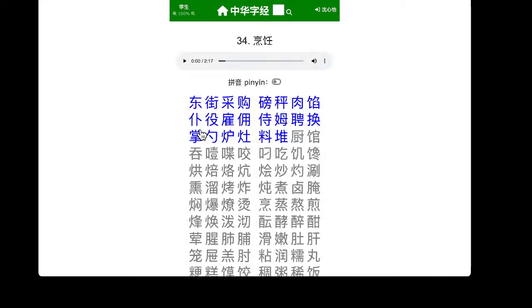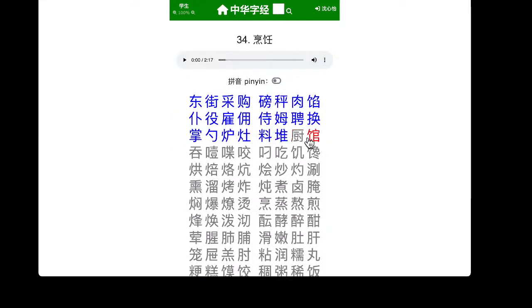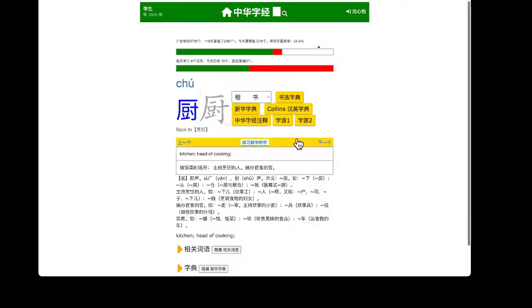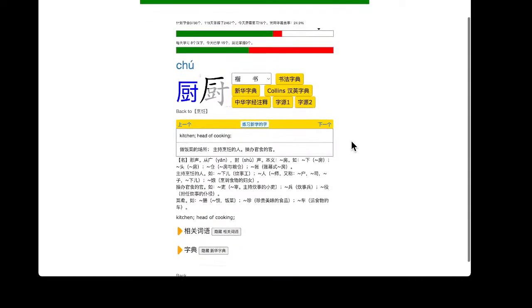Let's take a look at the sentence. Not yet. Okay, 厨馆. Now, next one is 厨. 厨 means kitchen. So two meanings: first, kitchen; second, the person for cooking, the head of cooking. Anyone in charge of cooking, we call 厨. The master we call 主厨. 厨师 means cook.